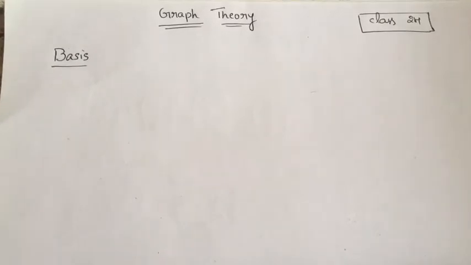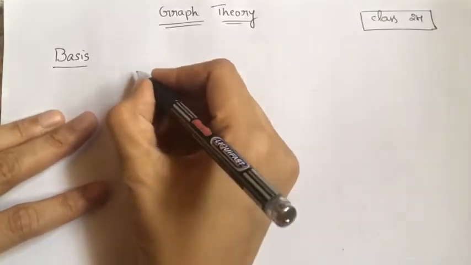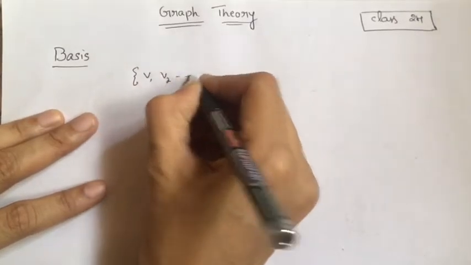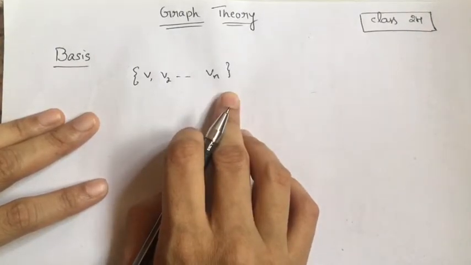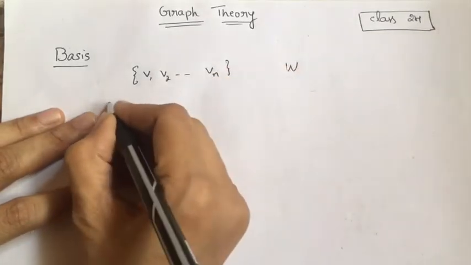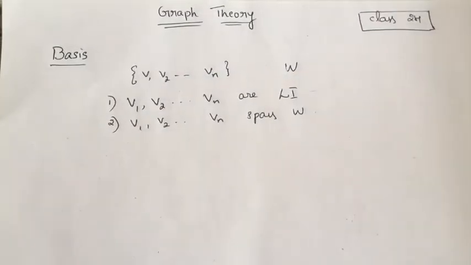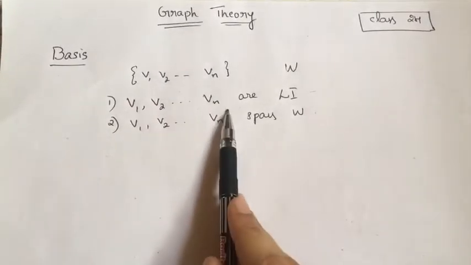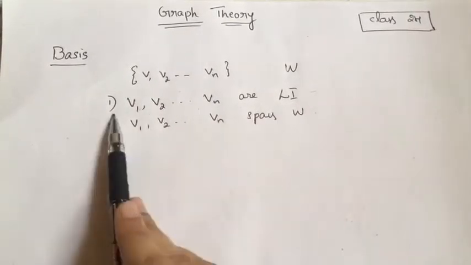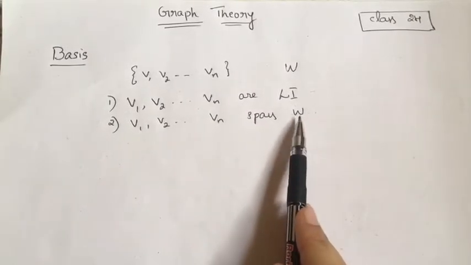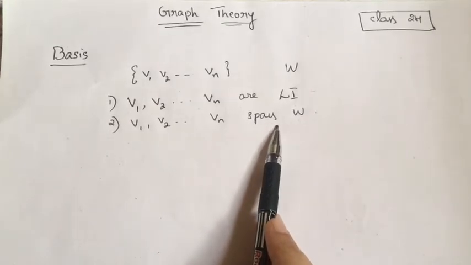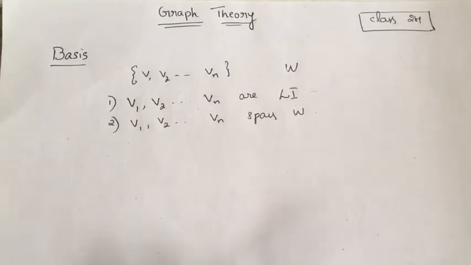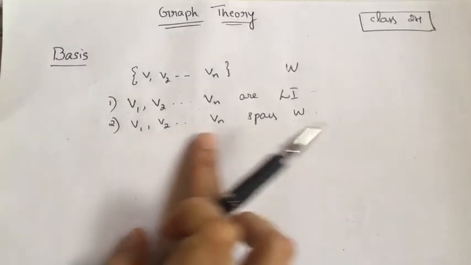Any set of vectors, say v1, v2, up to vn, forms a basis for a vector space, say W, if these vectors are linearly independent and they span the vector space W. If every vector in W can be expressed as a linear combination of the given set of vectors, then that set is said to span the vector space.